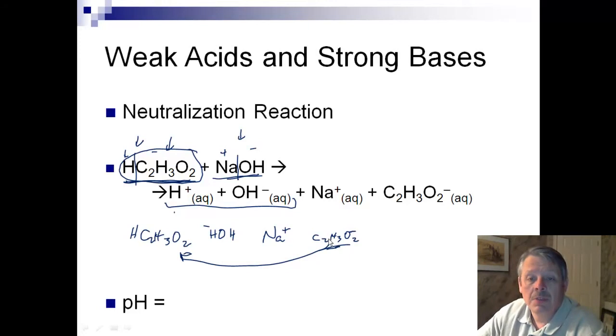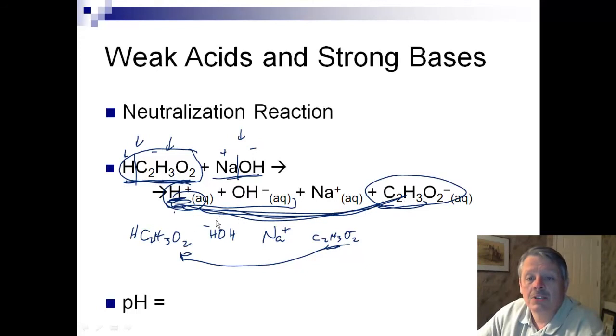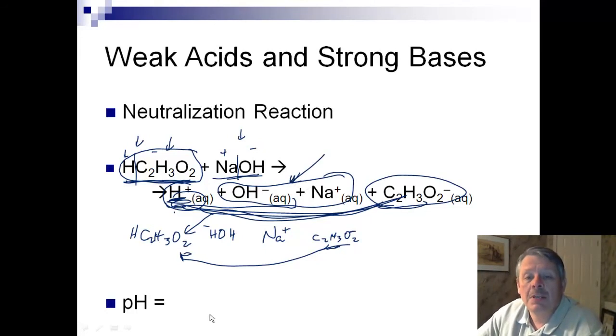All right? So for that reason, when the water dissociated, the hydrogens are being picked up by the acetates. So the hydrogens and the acetates are getting together to form an acid. So what's left in solution? Well, the stuff that's still left in solution is the sodium and the hydroxide, which means that in this case, we're going to have a base.